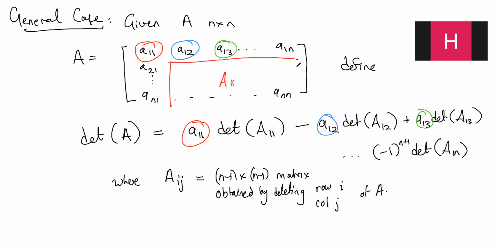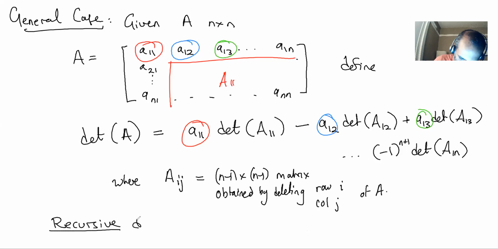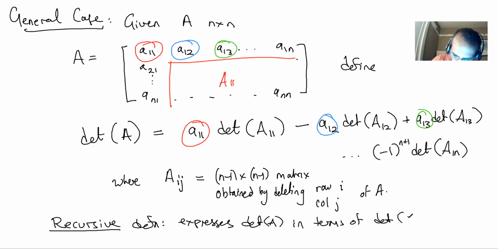So eventually it'll just lead to a 2 by 2. Exactly. So if you've done computer science, this is just recursion. This is a recursive definition, which is just a fancy way of saying it expresses the determinant of A in terms of determinants of smaller matrices. So if you repeat this, you'll eventually get to 2 by 2.